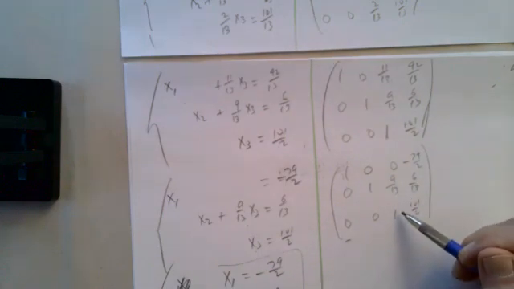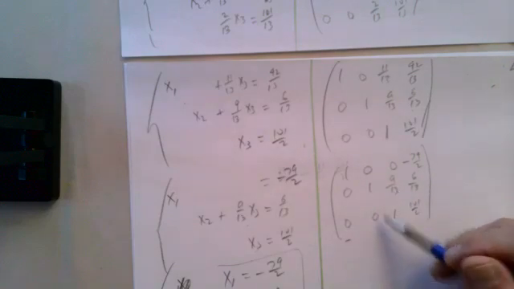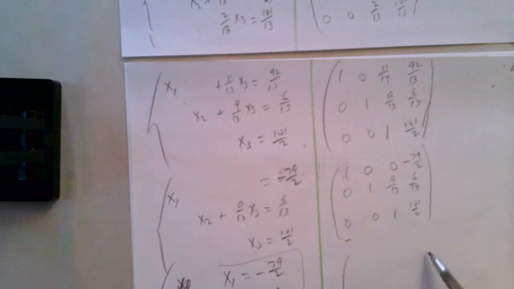And then the last step is to multiply the third row by -9 over 13 and add to the second row. And when I do that, I get 1, 0, 0, -79 over 2; 0, 1, 0, 9 over 13; 0, 0, 1, 101 over 2.